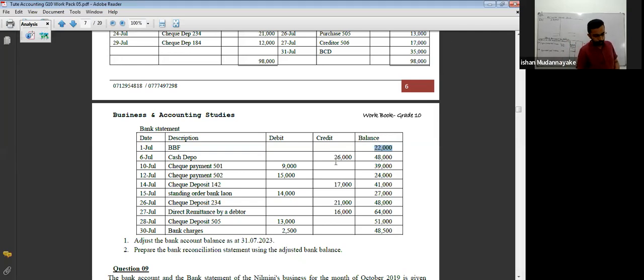Opening balance 22,000 okay. Cash deposit 26,000 you have marked. And then 70,000 also you have marked. No problem. Next one, 21,000 check, also you have marked. That is okay.